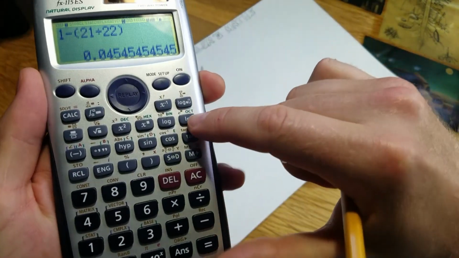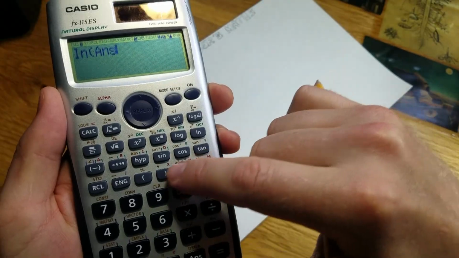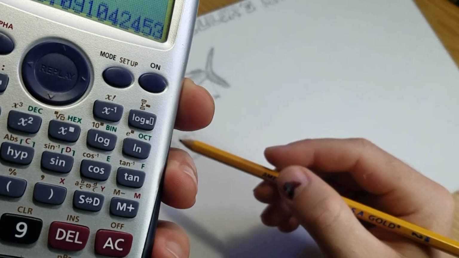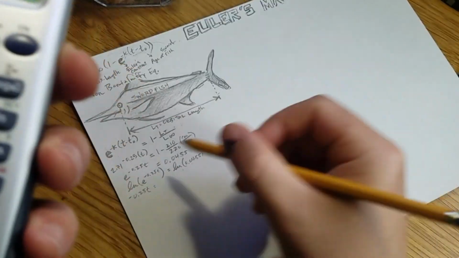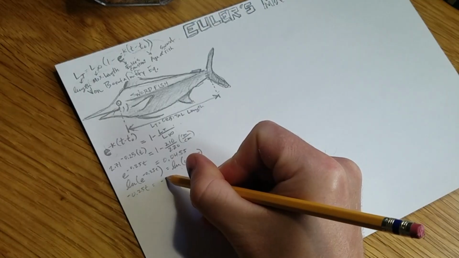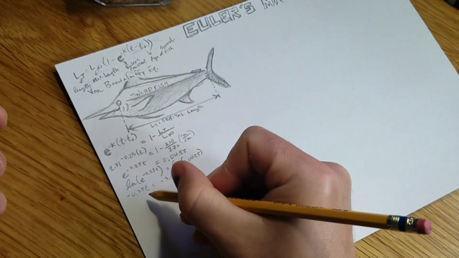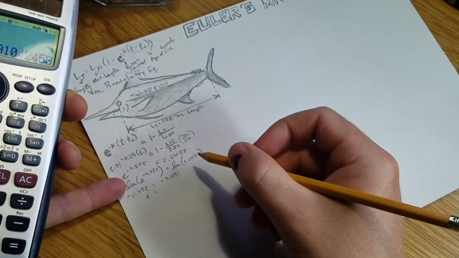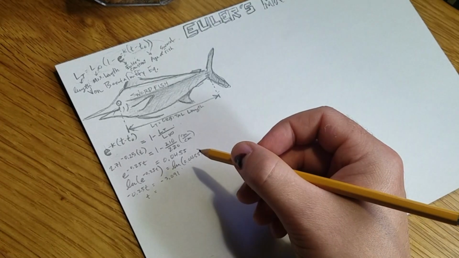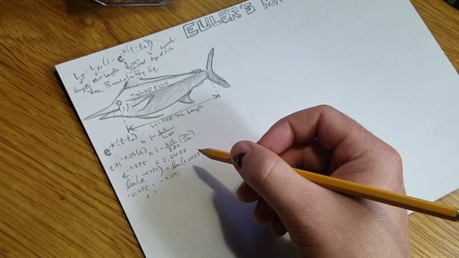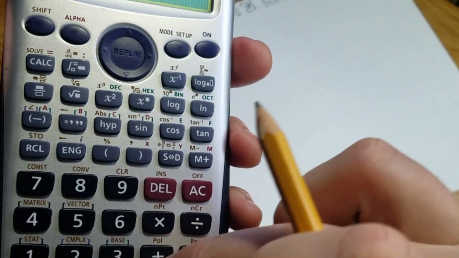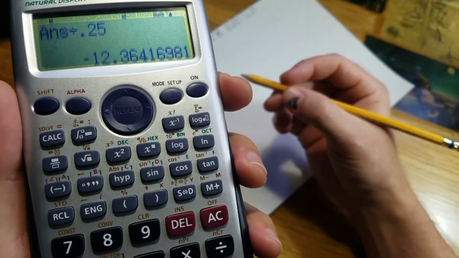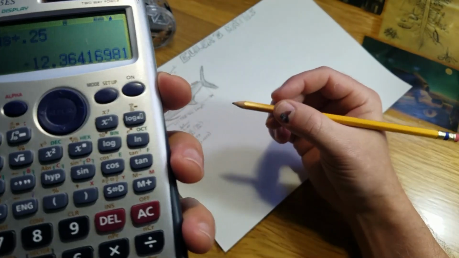So we got ln of our answer, and that gives us -3.091. And then that means t is the ratio of -3.091 to -0.25. And the negatives cancel, so 12.36 years old.